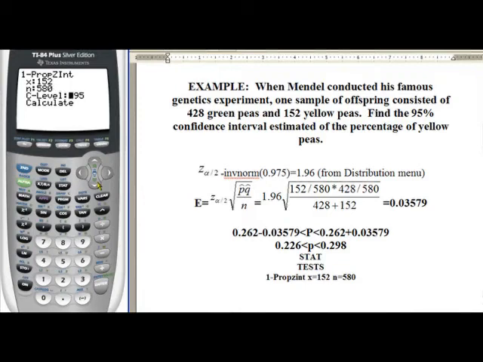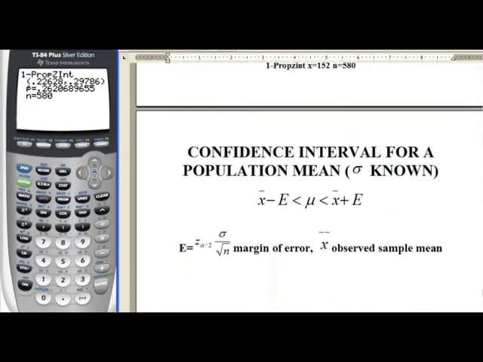And then you have to go down and put your confidence level, which is 0.95, and then you go to calculate, and you will see that the answer is given in interval notation, which is the same as this one. And usually the books recommend that you take 3 digits, 0.226 to 0.298, just like here.